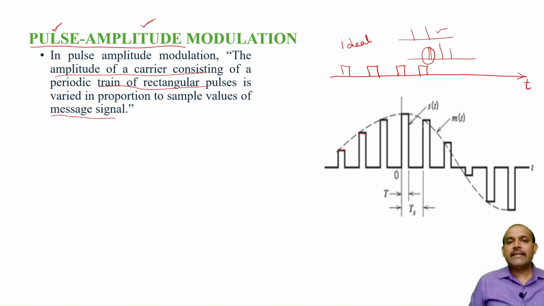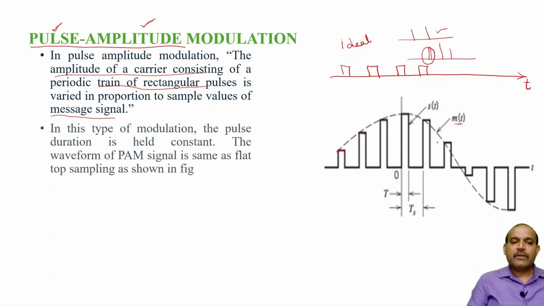The dotted line is the message signal, m(t), and the solid waveform is the modulated wave.